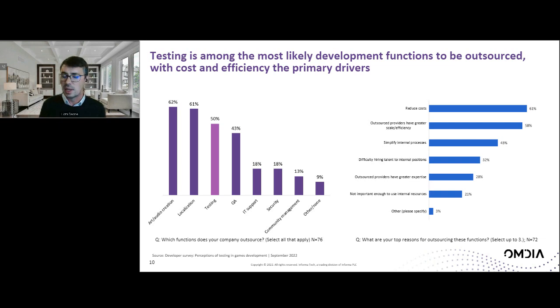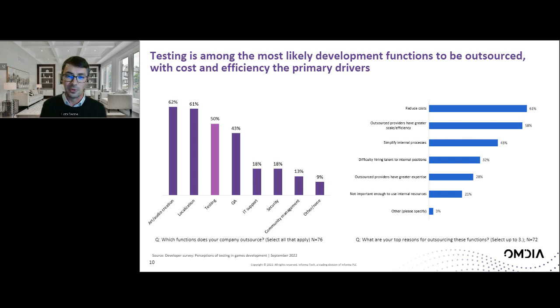And when we dig down a little bit more in this chart on the right as to the reasons for that, there are some quite interesting results. We see the number one reason is reducing costs, followed by a sense that outsourced providers have greater efficiency and scale than developers have internally.